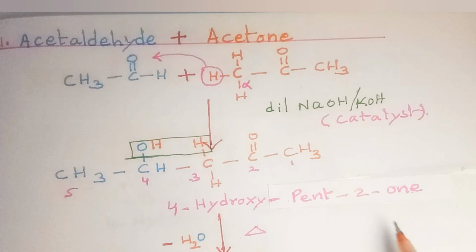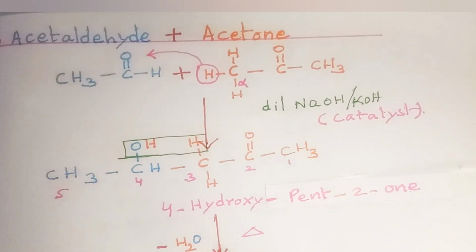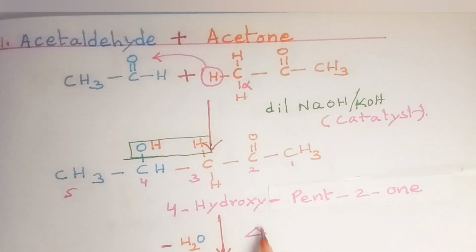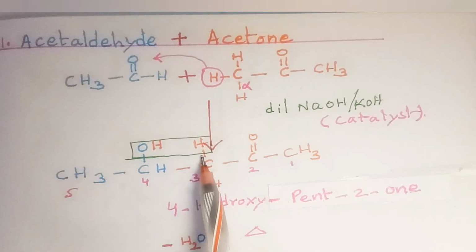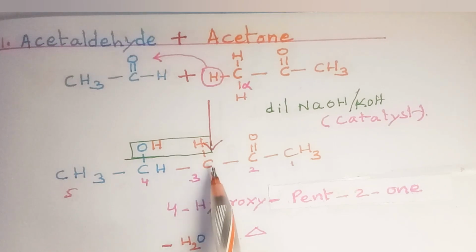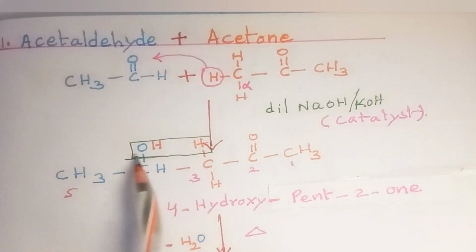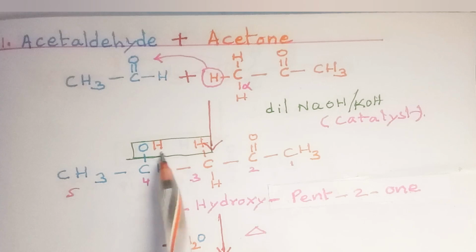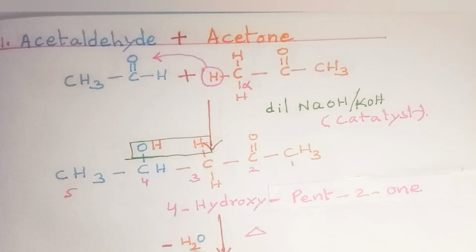This compound upon being heated will give out a water molecule and give us the aldol condensation product. The alpha hydrogen of the second reactant will combine with the OH group here to form a water molecule.